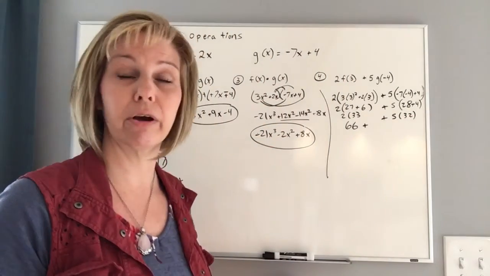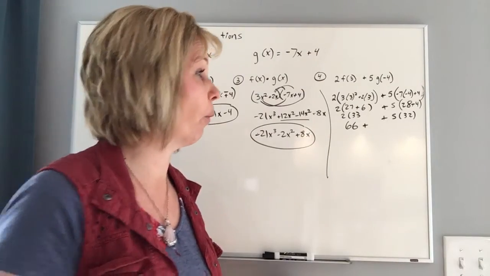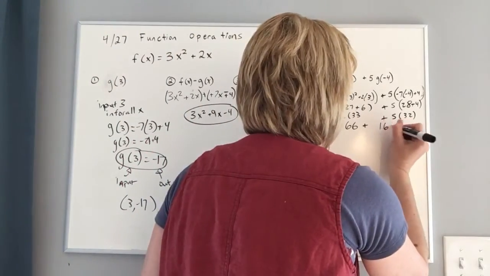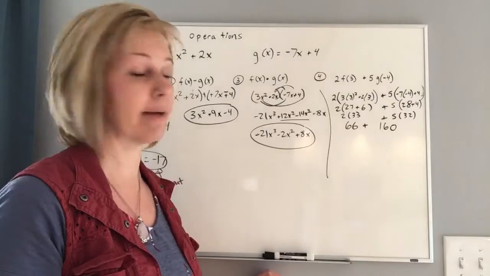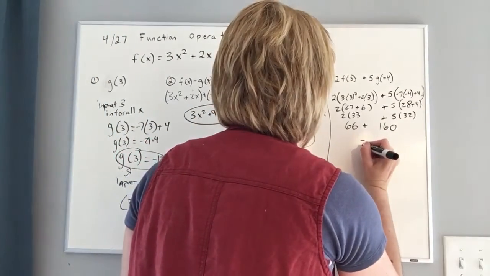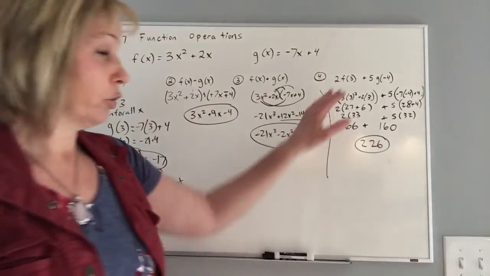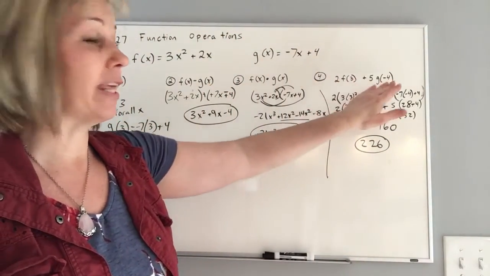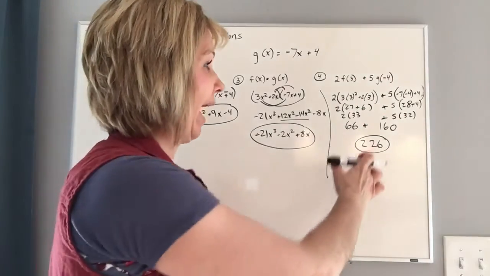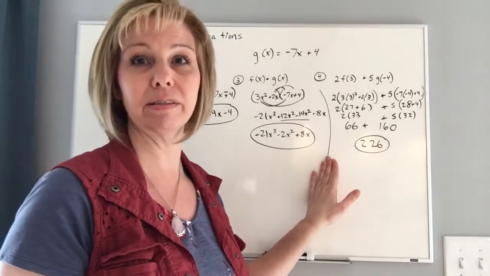Well, 5 times 30 would be 150, plus 10 should be 160. And then 66 plus 160 should be 226. So if I input a number for the x, you should be getting a number back. Okay, so that was for figuring out some values.